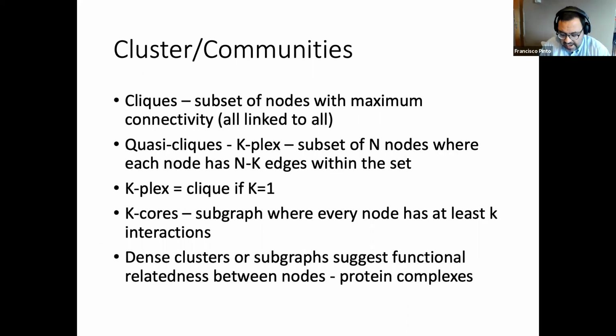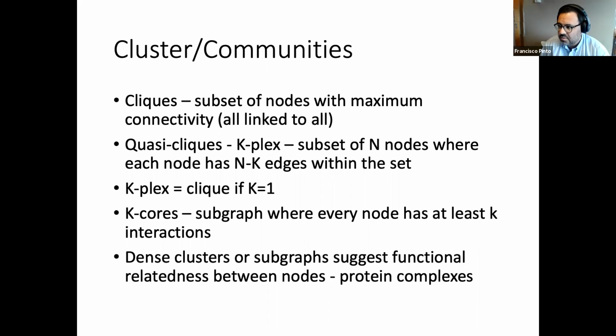But as we know for biological networks and many other networks, we have an incomplete image of what the network is, so demanding that we find cliques may be too stringent. And so you can find different objects that are not exactly cliques. The closest to it is finding quasi-cliques.